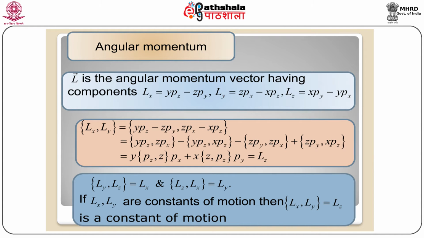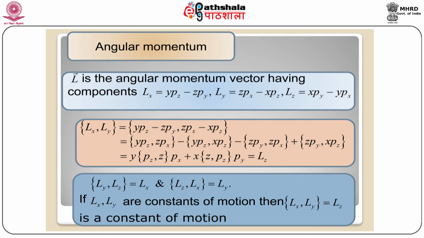Next, we shall discuss angular momentum. Let Lx, Ly, Lz denote the components of the angular momentum vector L along the coordinate axes respectively. We know that angular momentum is the moment of linear momentum.